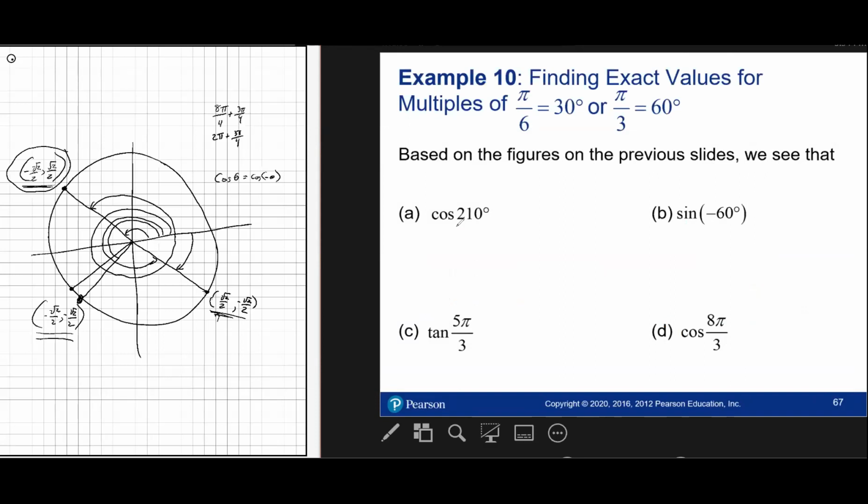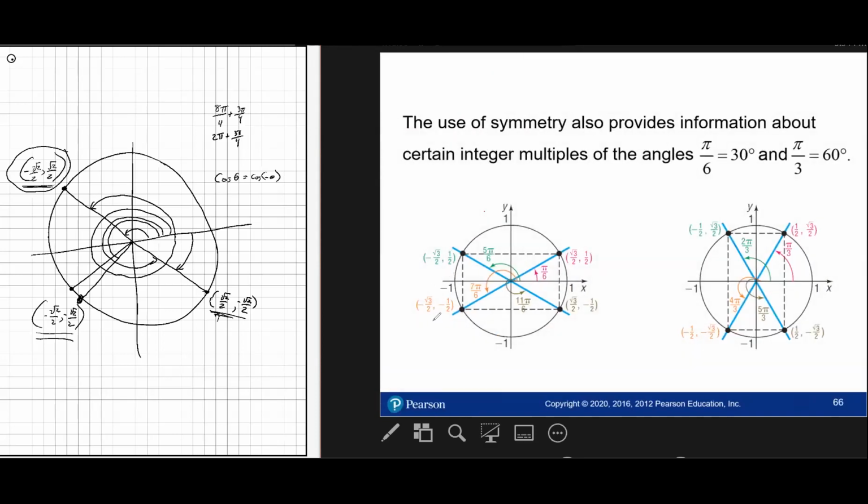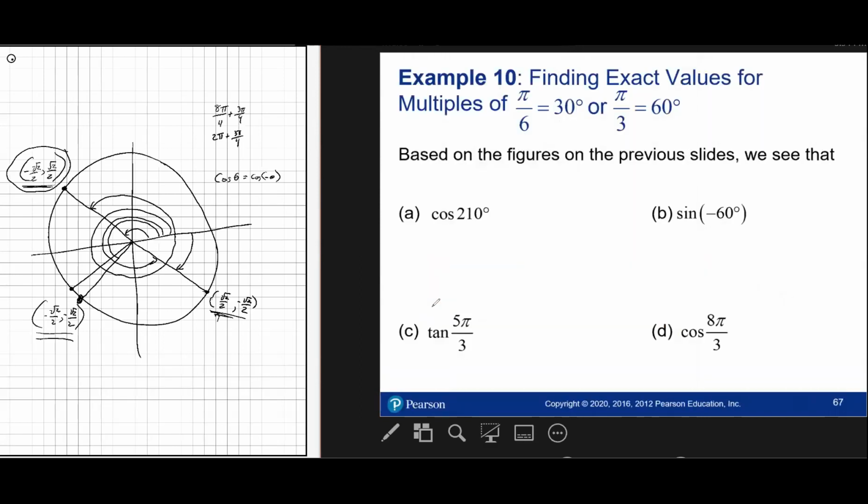And so they were asking for the cosine, so that's going to be the x value, which is the negative square root of 3 over 2. So negative sign just means we're going to go in the opposite direction here. So sine will be down here. So whatever the sine was up here, which was a positive 1/2, I believe, now it's going to be a negative 1/2 down here. Do I remember that correctly? No, that was wrong. That's going to be positive square root of 3 over 2. So this will be a negative square root of 3 over 2. I remembered wrong.